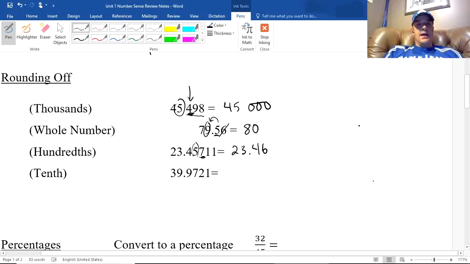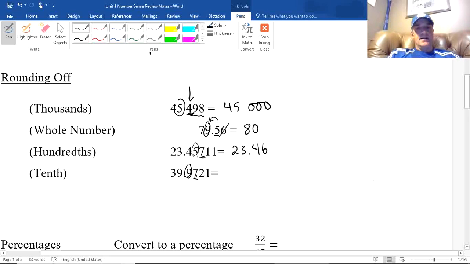Okay, and then there's one last thing that often happens, they like to put into these questions and say we're rounding off to the nearest tenth. Well, that's this place value. It's a 9. And the 7 is going to tell us the 9 has to go up. And the 9 can't go up, okay? Because, well, what's bigger than a 9? So the 9 has to push this 9 up. Well, that one can't go up, so it has to push this one up.